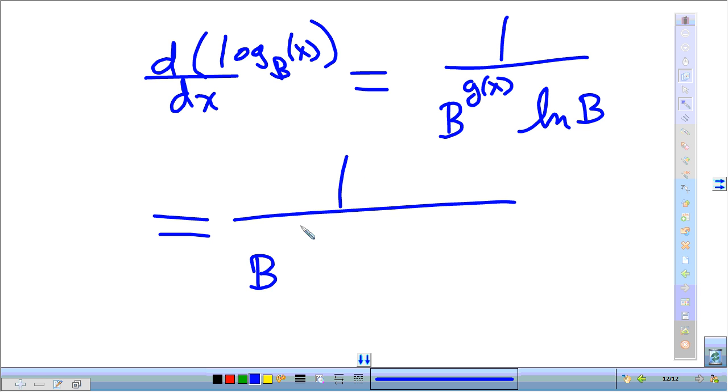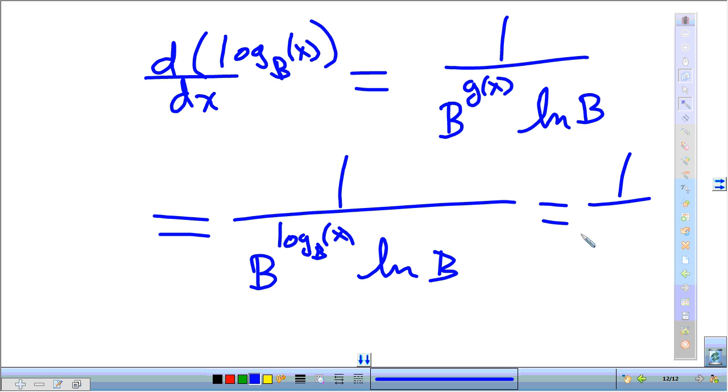But if we take b with an exponent g, which is log base b of x, we end up with just 1 over this part. Oh, that's just x. So the derivative of the logarithm is the reciprocal, and then we bring in the natural log of whatever the base is.